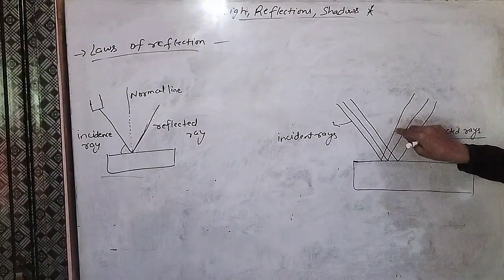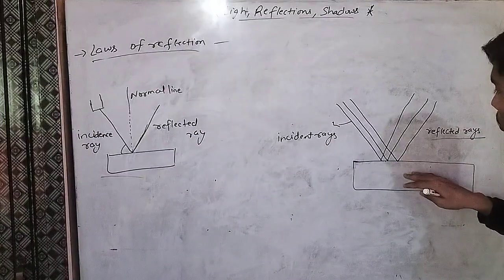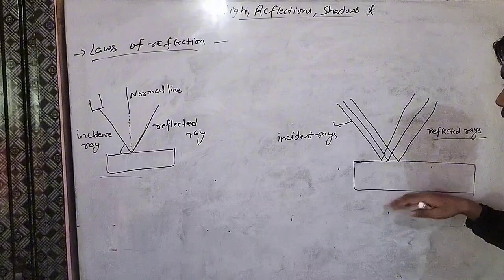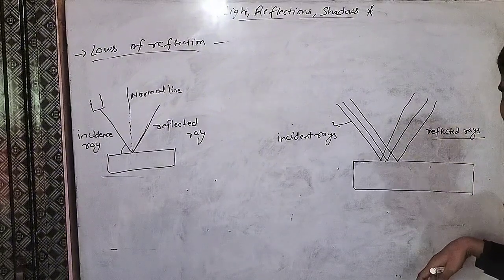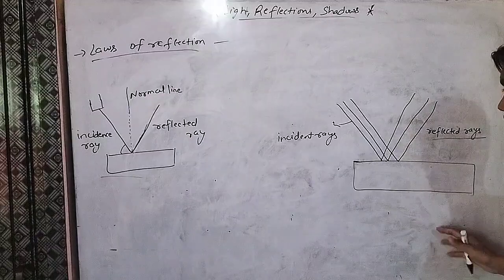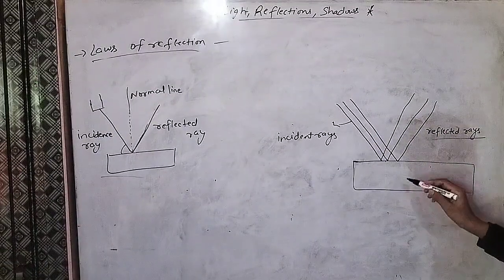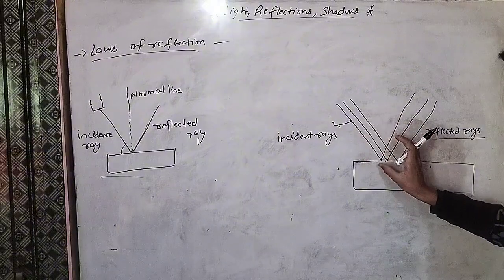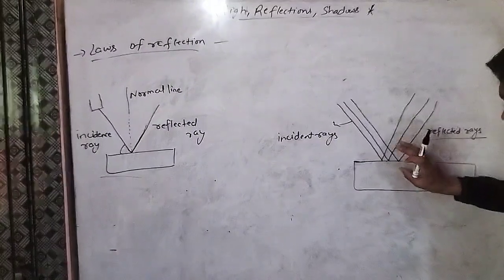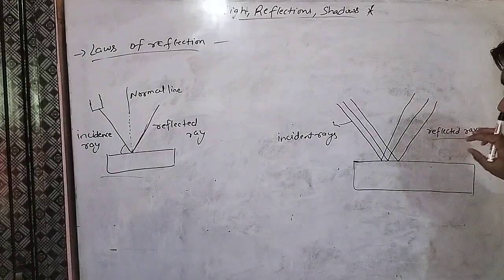The reflected rays are not turning up and down. The parallel rays come in one direction and turn in one direction, a single direction.